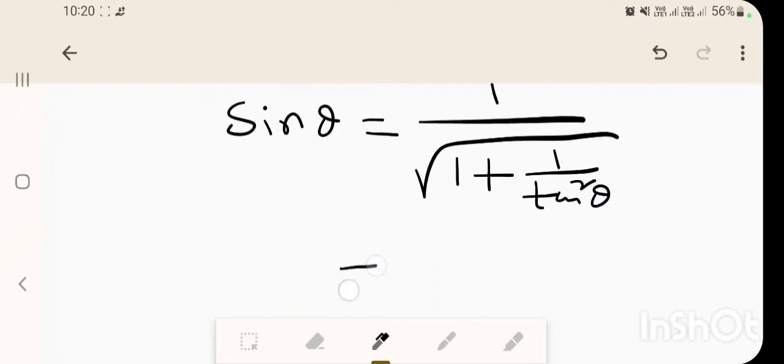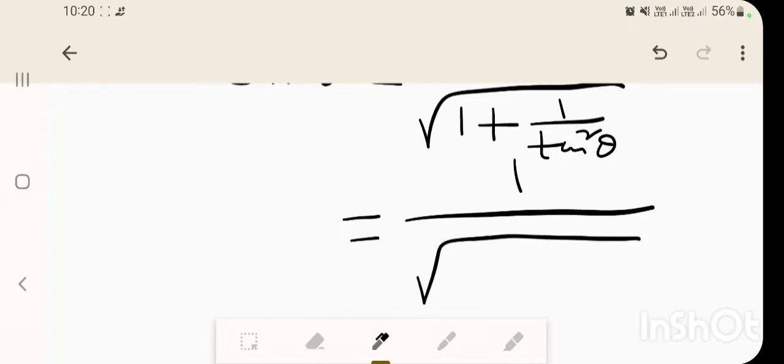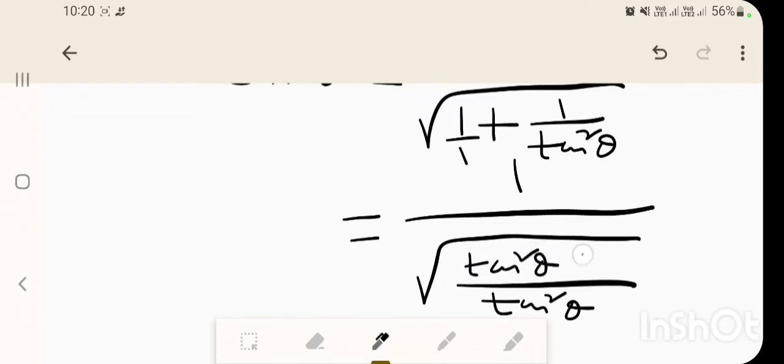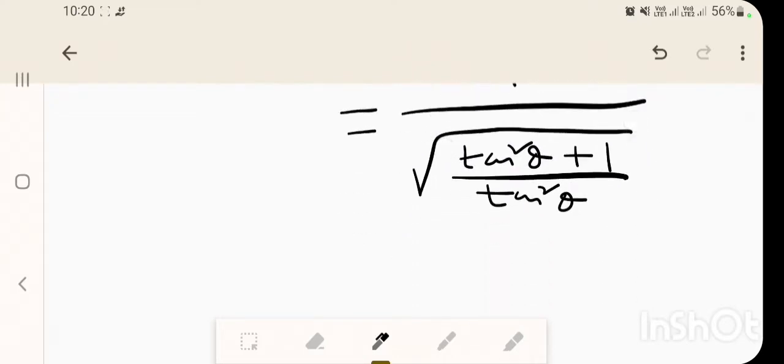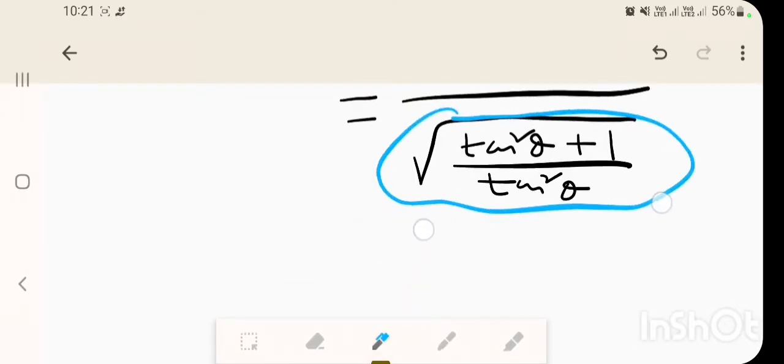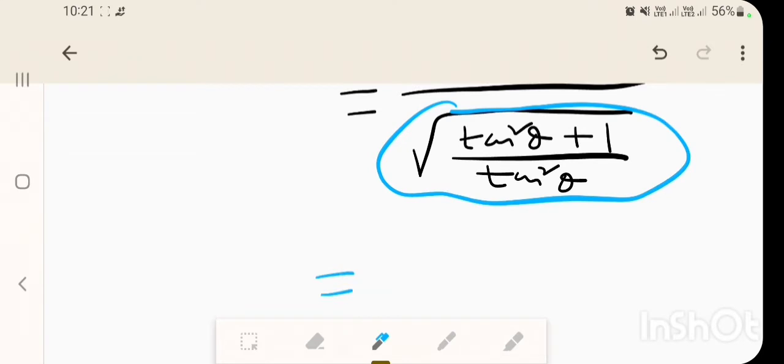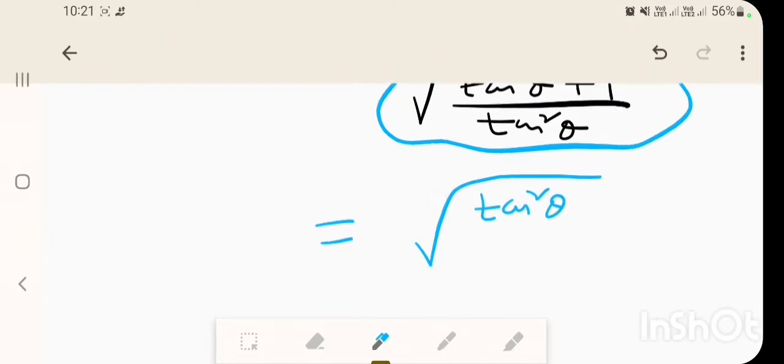If we take the LCM in the denominator, tan square theta will be the LCM, and we get tan square theta plus 1. So this complete term is in the denominator, and when we take it to the numerator, we write its reciprocal. So we get root tan square theta divided by 1 plus tan square theta.